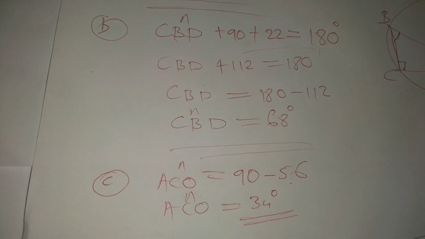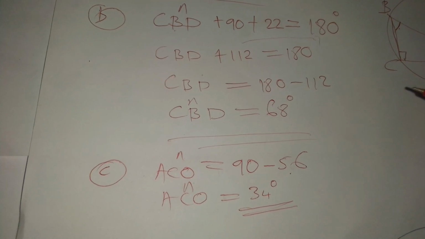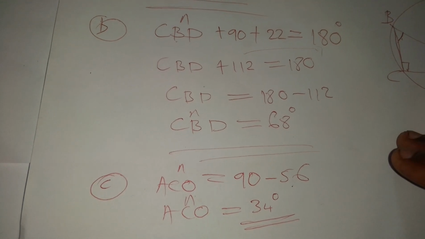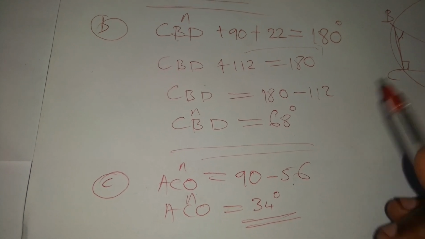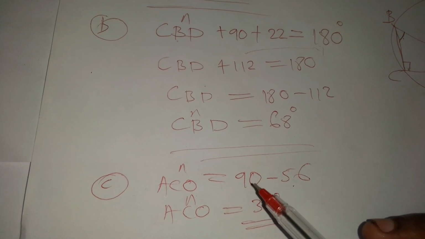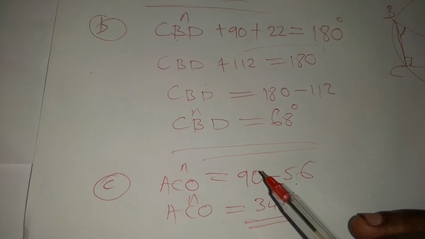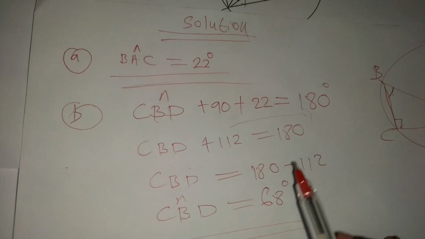Then for this one we have used a lot of properties. One of them is angles in the same segment are equal, and also angles in a semicircle produce 90.